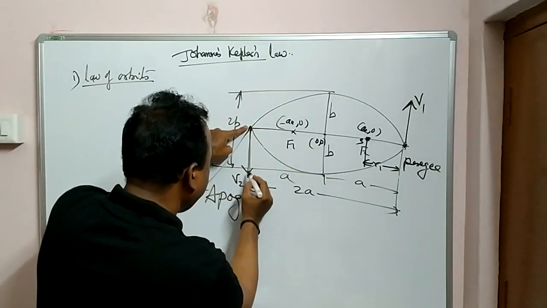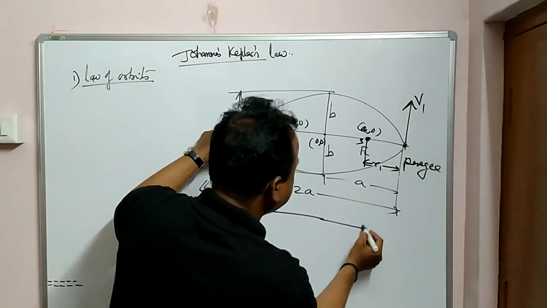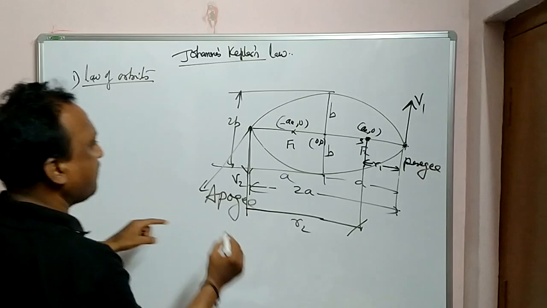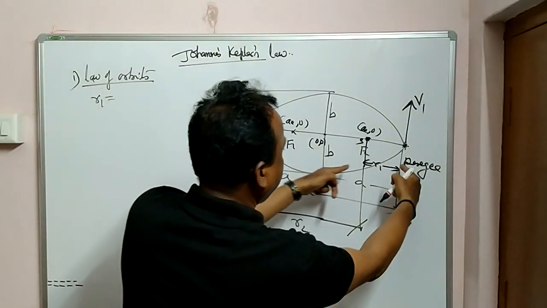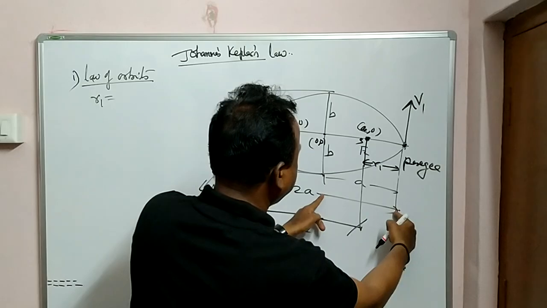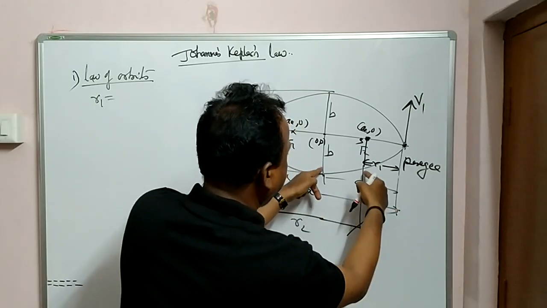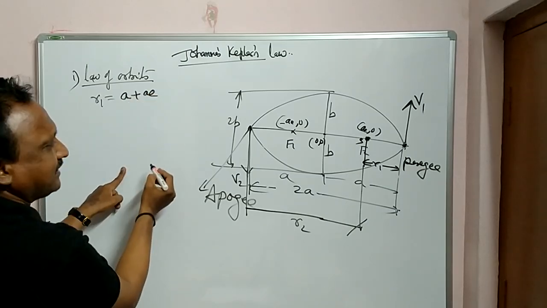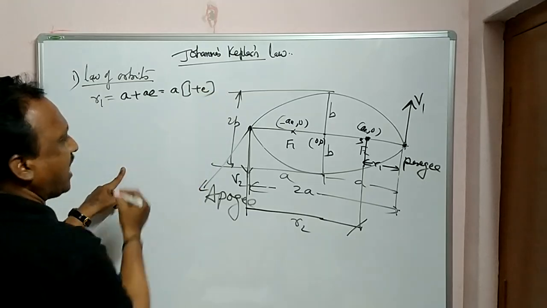When the planet is here, let this distance be R2. Now from geometry, can you tell me what is R1? A plus AE, which I can also write as A into 1 plus E.